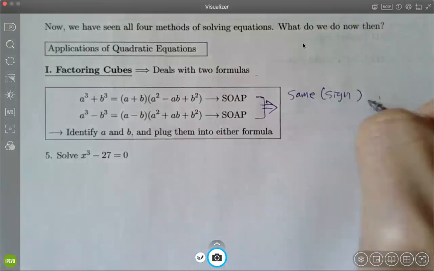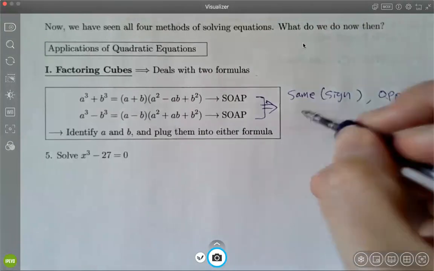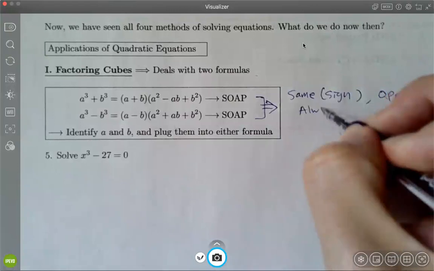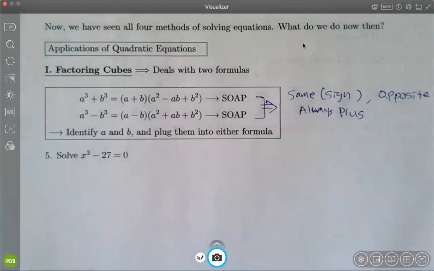O means opposite signs. And then AP goes together: AP means always plus. Hopefully you can see why this makes sense in terms of the signs.